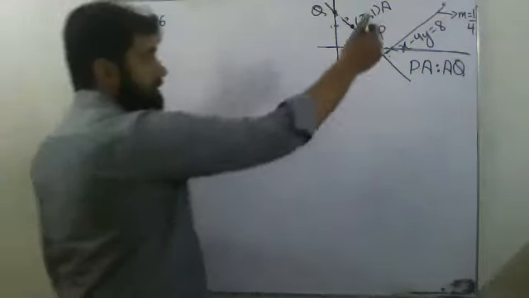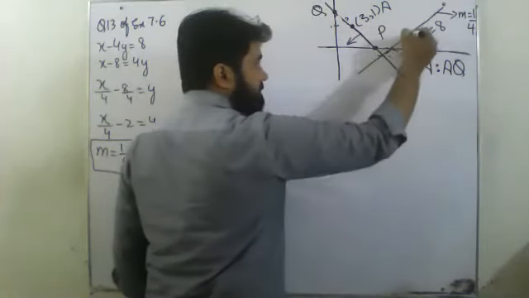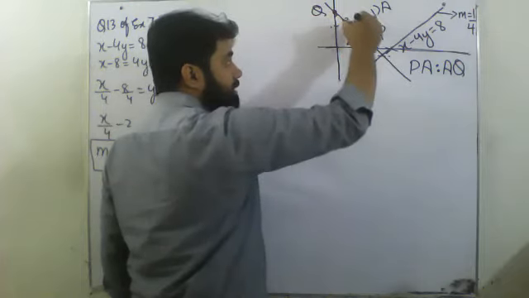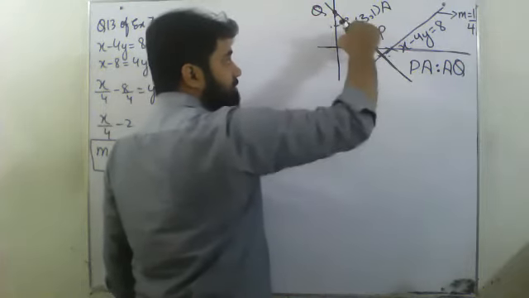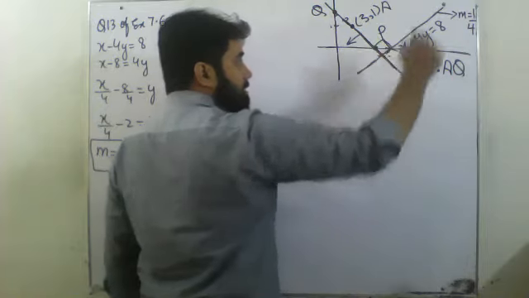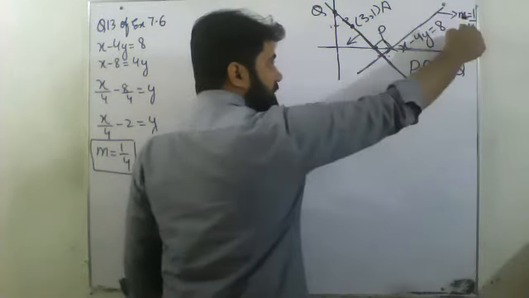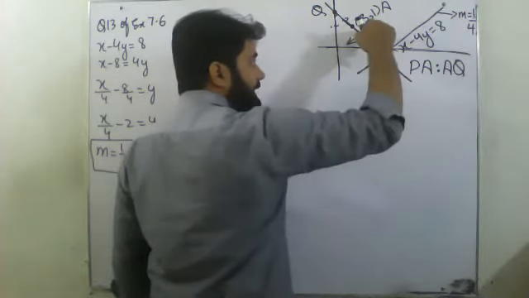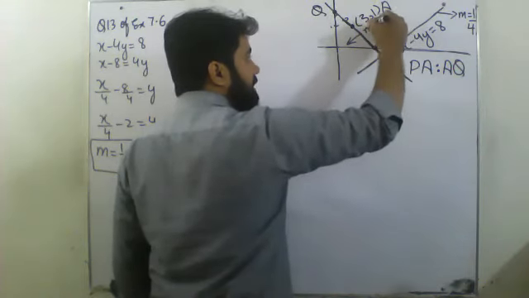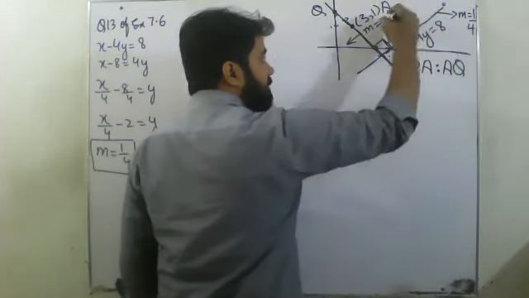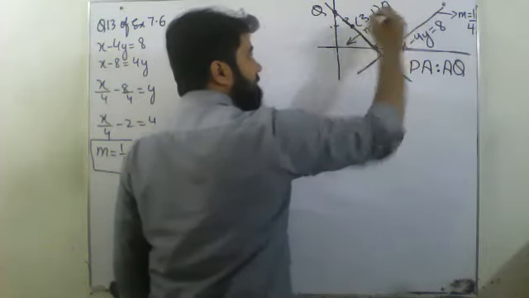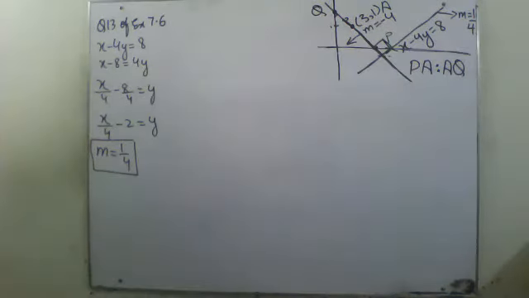Okay. Now this line which is given over here is perpendicular to this line which is passing from A. They are perpendicular. So if the gradient of this line is 1 over 4, what will be the gradient of this line? The reciprocal of 1 over 4 will be 4 and the negative reciprocal will be minus 4.